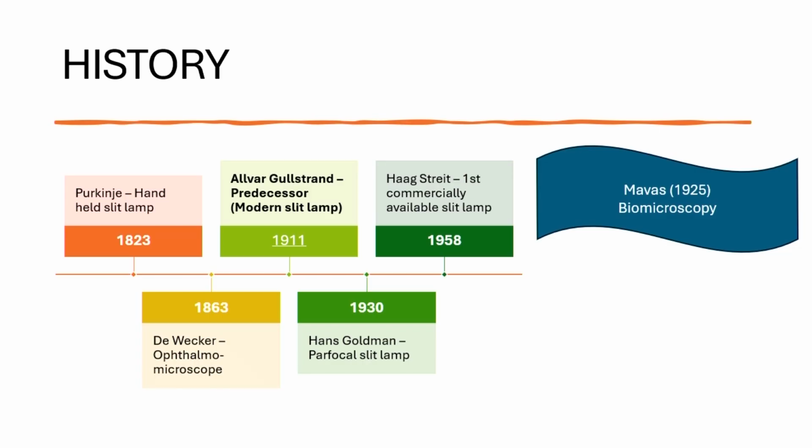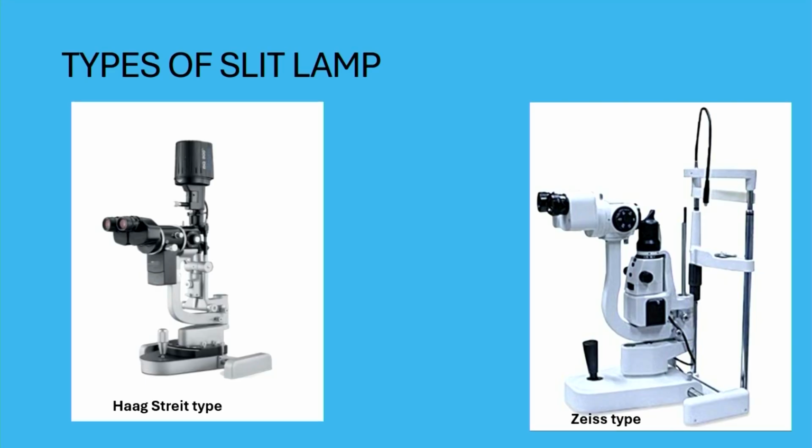When it comes to the history, in 1911, Allvar Gullstrand invented the predecessor of the modern slit lamp, and Mayers in 1925 coined the term biomicroscopy. Basically, there are two types of slit lamp, the Haag-Streit type and the Zeiss type.